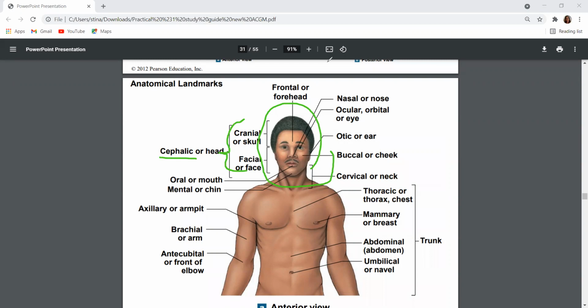So I would have to put a circle around it or put a big sticker on it and say, what is this entire landmark called? For instance, if I put number 1, sorry about that, guys. If I say, what is number 1, the entire landmark number 1, you would tell me cephalic.